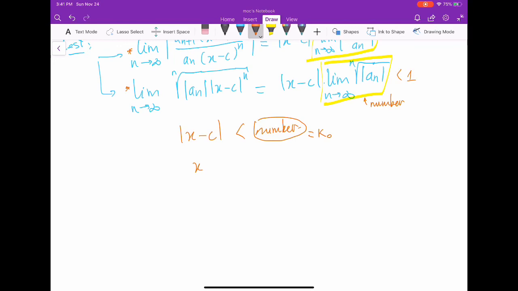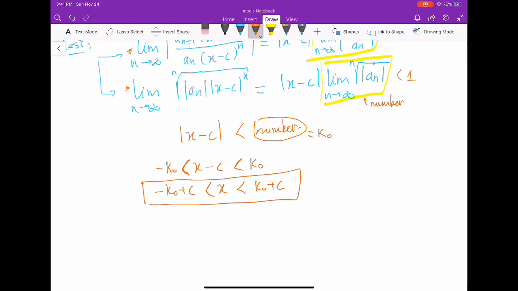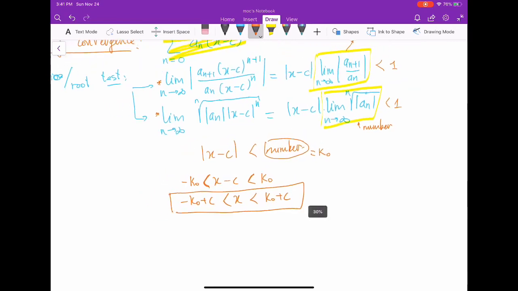Basically that is x minus c less than k0 and greater than negative k0. Then your x should be less than k0 plus c and greater than negative k0 plus c. So you already have some interval of x, but that's not all.